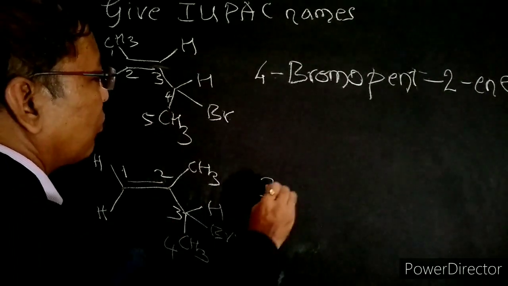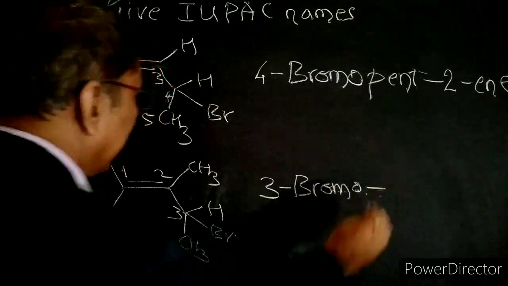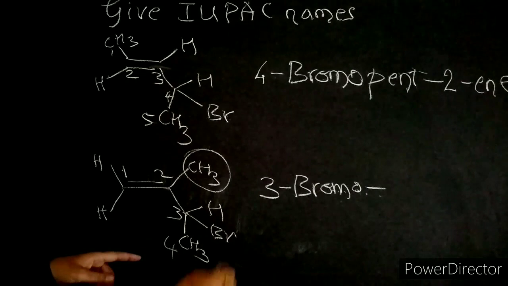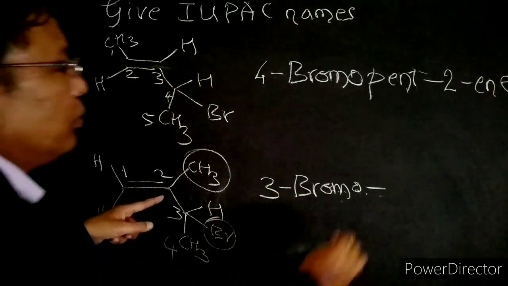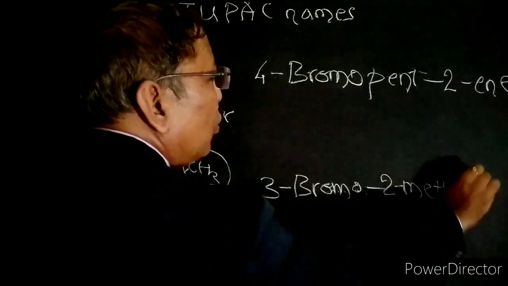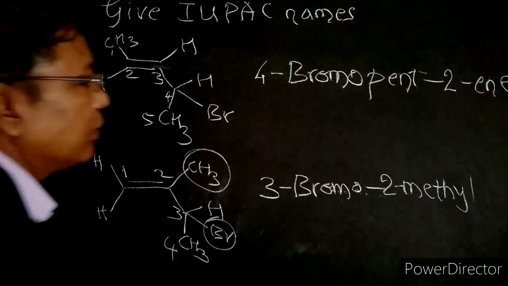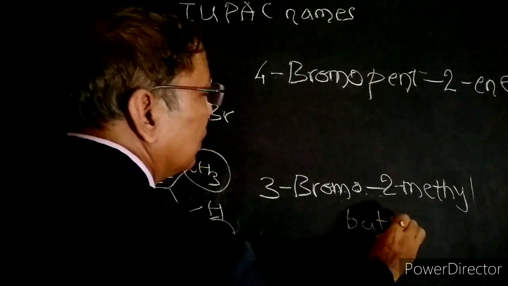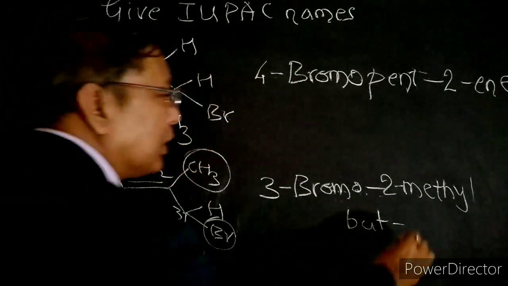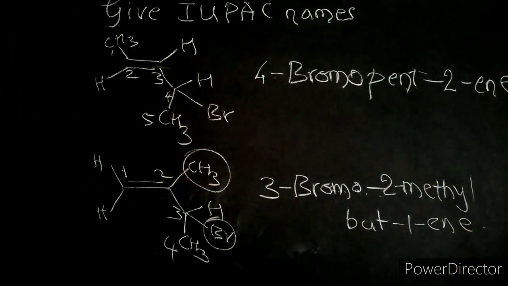Therefore, this is 3-bromo. The second substituent is this methyl group, so 2-methyl, and the carbon chain is of 4 carbons, means but, and the double bond starts from the first carbon. Therefore, but-1-ene. This is the IUPAC name.